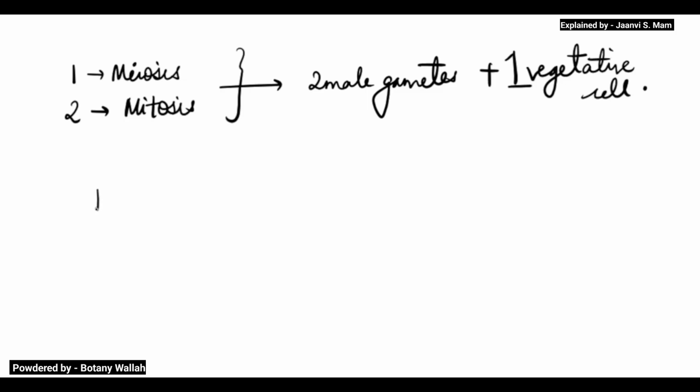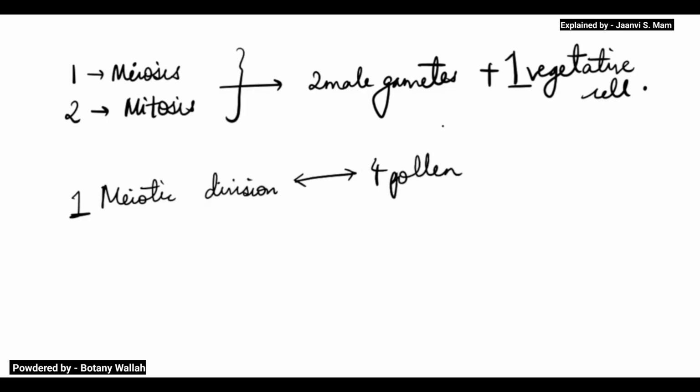Suppose you want to make pollen grains. For one meiotic division, one time meiotic division provides four pollen grains.